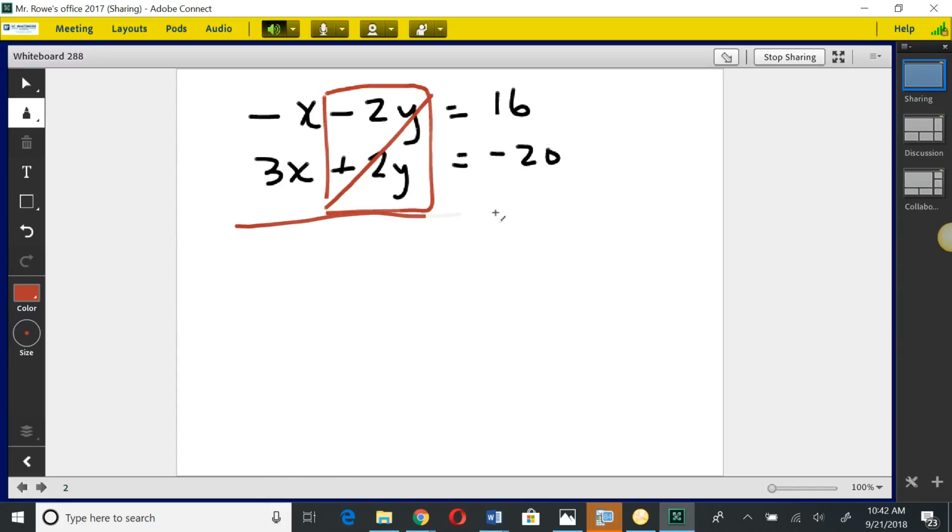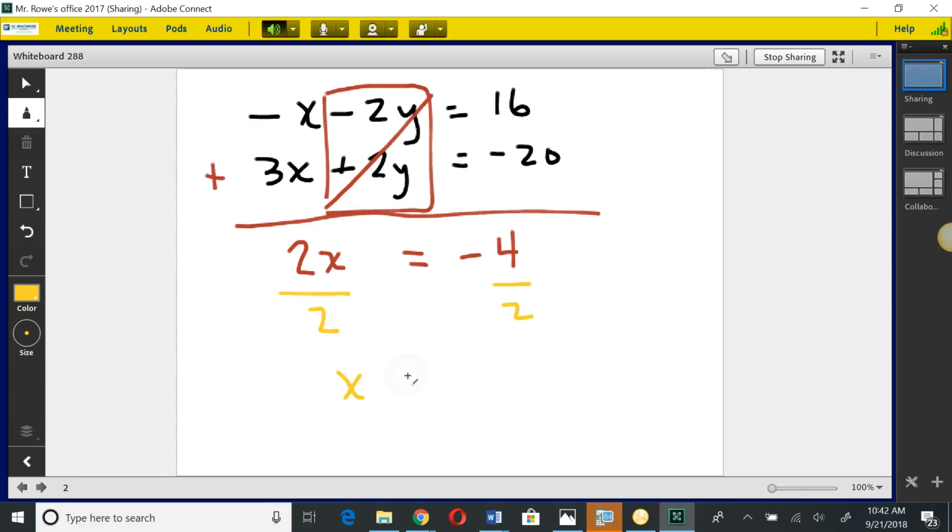We're going to now add the two equations together and see what we end up with. So what's negative x plus 3x? Well, that is 2x. Y is already canceled. So what's 16 plus negative 20? Well, that's negative 4. And so now I end up with a one-step equation that I solve.